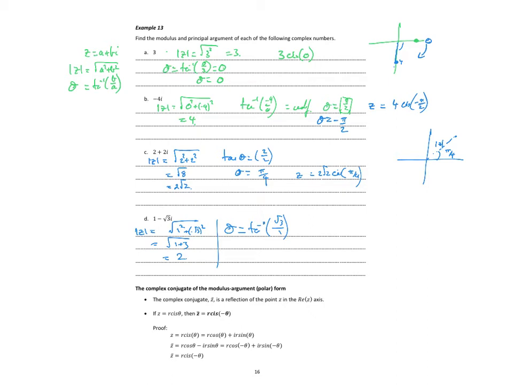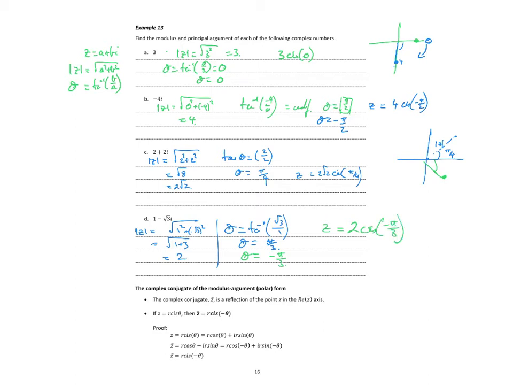So what's tan inverse of root 3? That's pi on 3. Which quadrant am I in? Where am I? 1 minus root 3 is down here. So theta is obviously equal to negative pi on 3. So z is equal to 2 cis negative pi on 3. So there's my polar form.